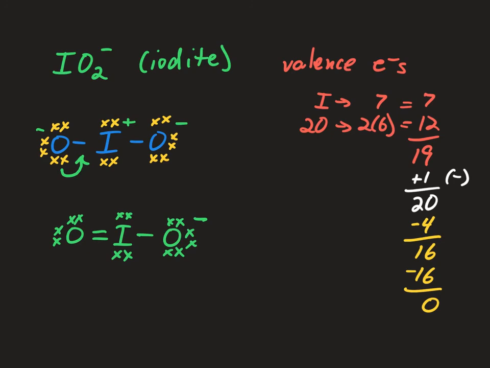And again, iodine can exceed the octet because it is larger and has more space for electrons, right? And we have to remember we could have done the same thing with the other oxygen, and so there would be one more stable equivalent resonance structure that we could have drawn, right? So there are some examples of drawing Lewis structures of the polyatomic oxyanions.